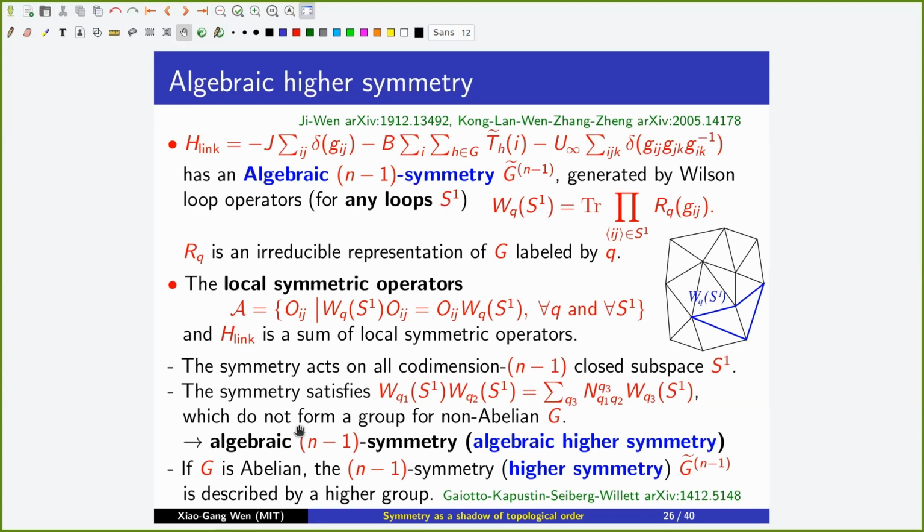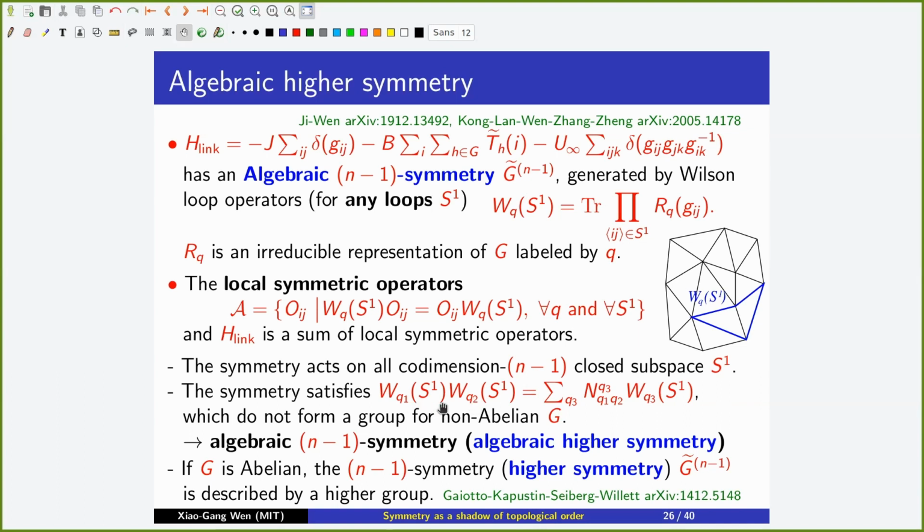And we call this non-invertible, really, because of the composition of two symmetry operators. Like if we have one loop and multiply another loop, so the two loops coincide, you don't get a Wilson loop operator in a third, different representation. So suppose we have a Wilson loop for the Q1 representation and a Wilson loop for the Q2 representation.